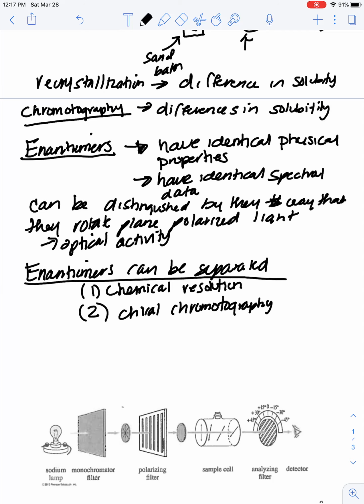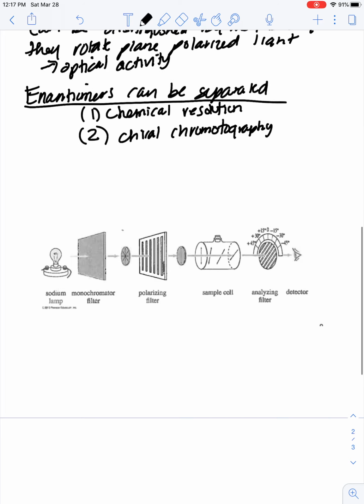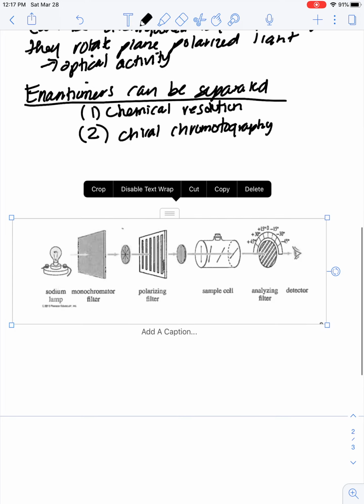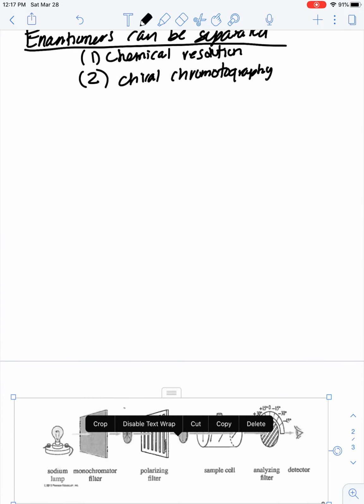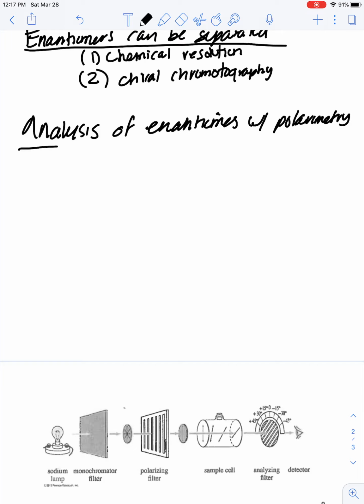So let's get back to the optical activity part. Analysis of enantiomers with polarimetry. Again, this is going to help us analyze our enantiomers by optical activity.